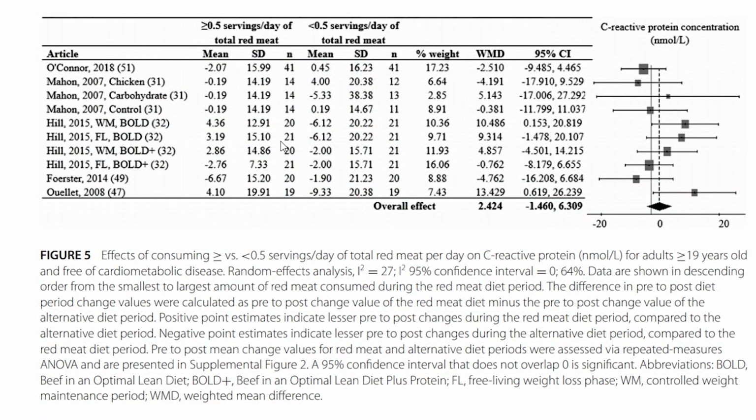Right, effects of consuming equal to or greater than half a serving of meat versus less than half a serving of meat for C-reactive protein, the marker of systemic inflammation. Not significant at the first one, second, third, fourth, fifth one, no, sixth, no, seventh, no, none of those are statistically significant except possibly the last one, and the overall effect is not statistically significant because it crosses 1.